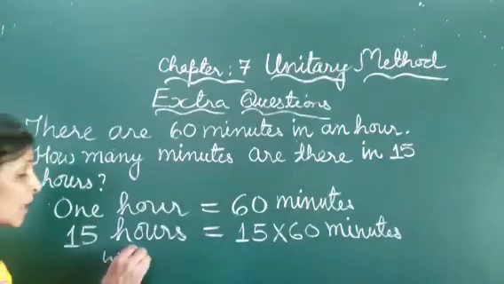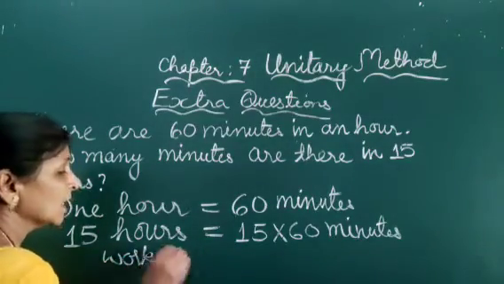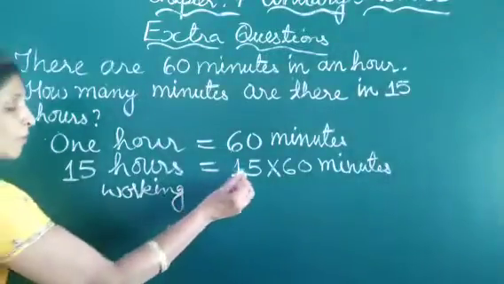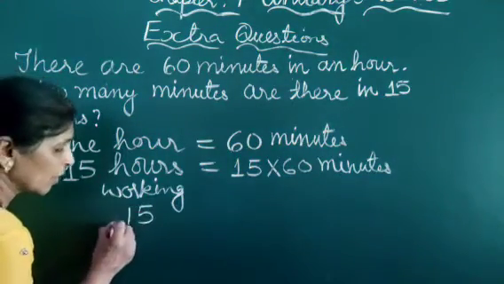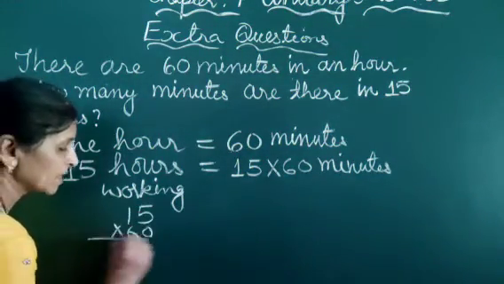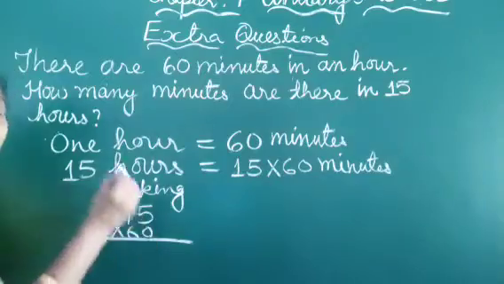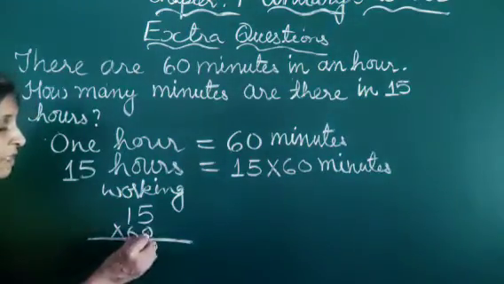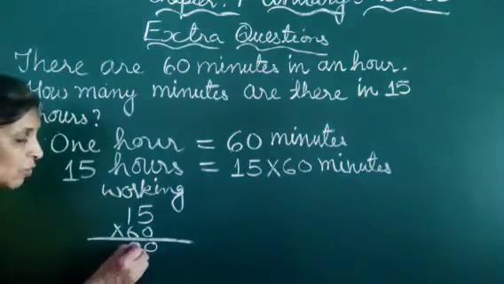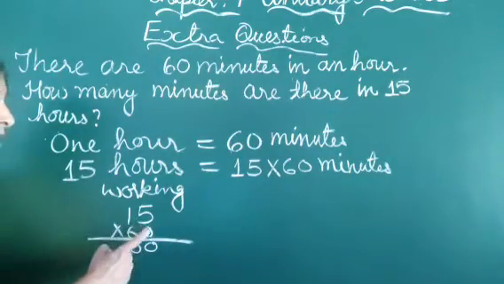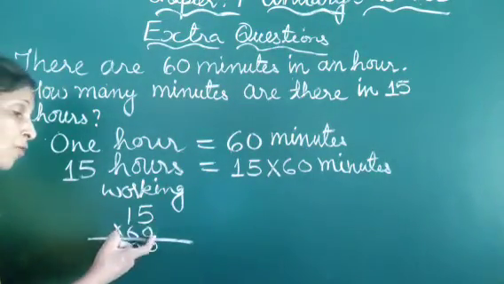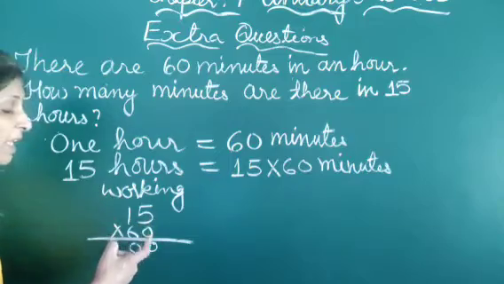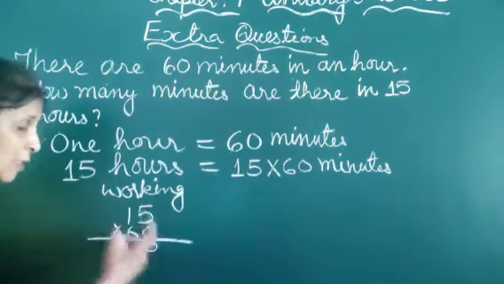Now, we do the working here. We arrange these numbers in a vertical column. 15 multiplied by 60. Now 0 is multiplied by 5, then 0 comes. 0 is multiplied by 1, then 0 comes. If any number is multiplied by 0, or 0 is multiplied by any number, then the result will be 0.